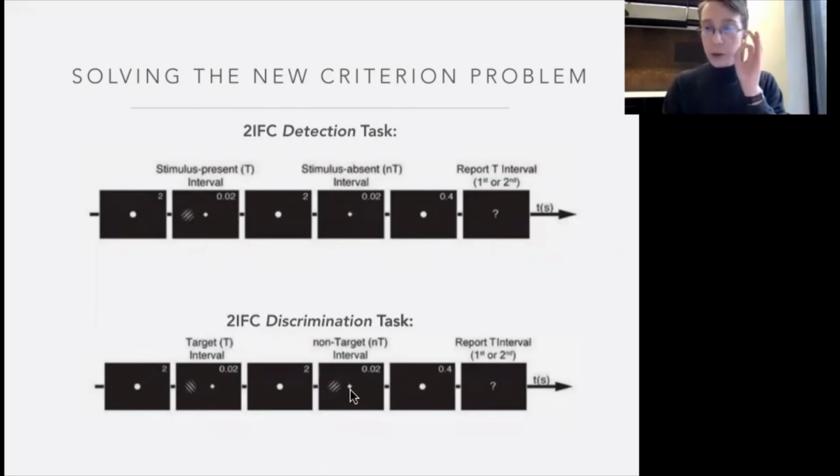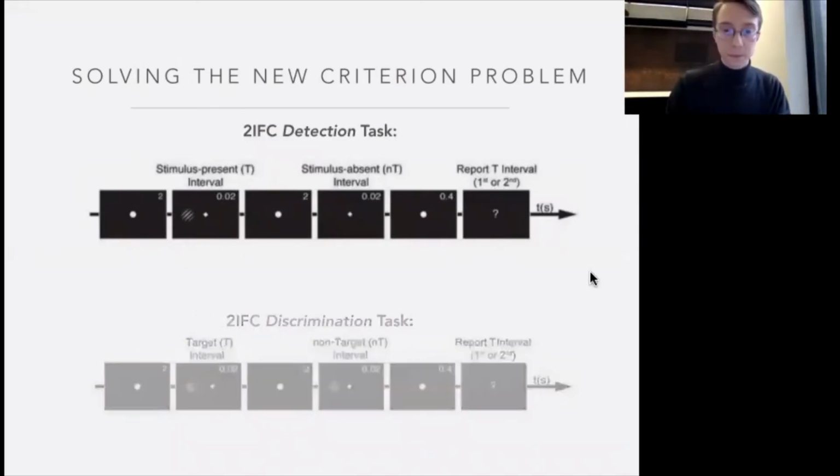But in the other interval, it's not going to be empty. There's going to be a right tilted grating. And I ask you, was the target present in the first or second interval? So you can see that those two tasks are super similar, but in one case it's discrimination. You have to discriminate between left tilted and right tilted. In the other, you're just detecting this stuff.